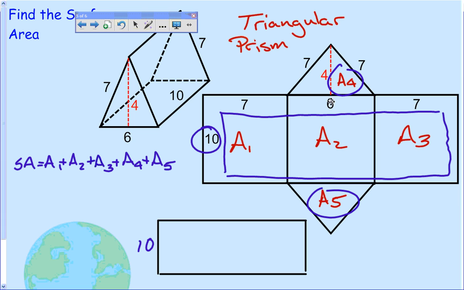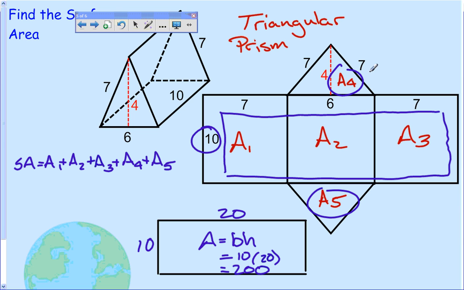So 7 plus 6 is 13, plus 7 is 20. So the area of this giant rectangle, base times height, is equal to 10 times 20. So it equals 200. So this giant rectangle here has an area of 200.